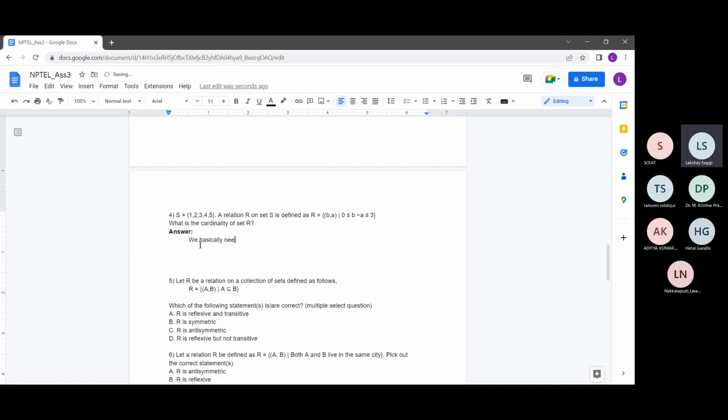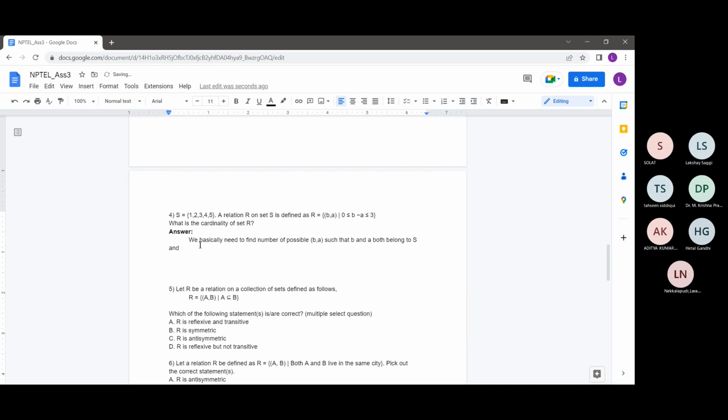We basically need to find the number of possible (B, A) such that B and A both belong to S, and B minus A lies between 0 and 3.